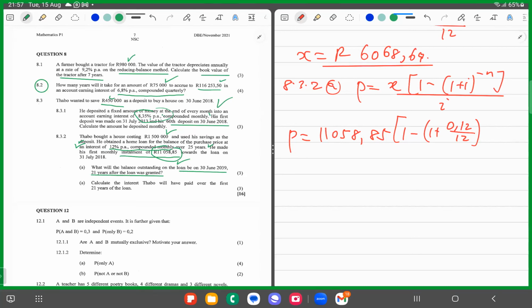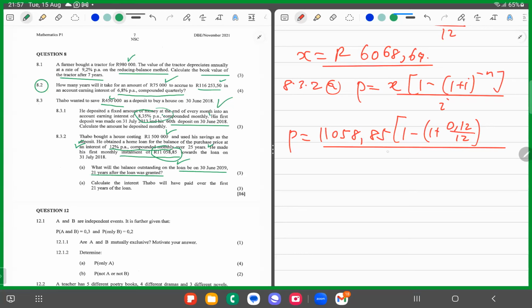To calculate the present value, you need to take this first installment and compute the present value of this over a period of 48 months.